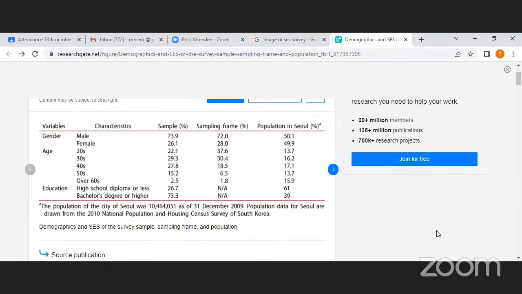Now again, with respect to age, if you add, then again you will get 100. And from the education point of view, high school diploma or less, 61, and bachelor's degree or higher, 39.